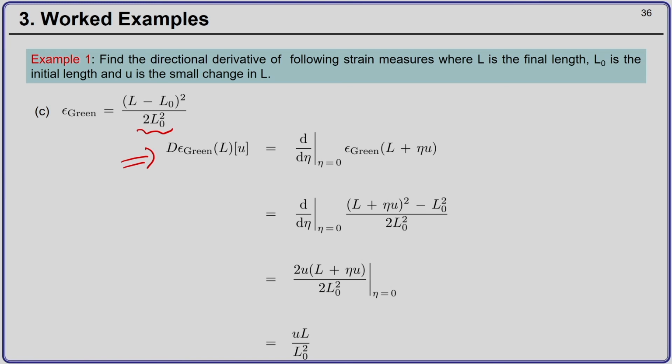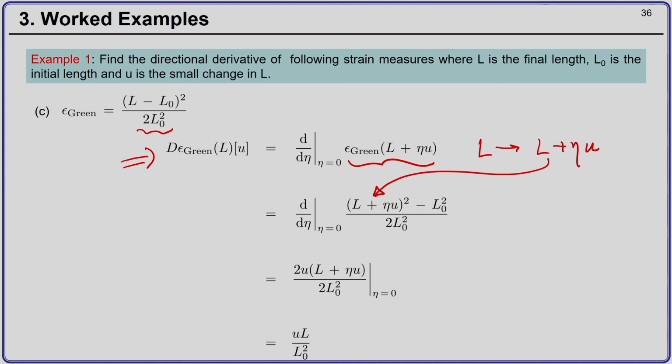The way you compute it is, you substitute in the expression of Green strain L as L plus eta u. L has been substituted with L plus eta u, and this minus L 0, divided by twice L 0 square.